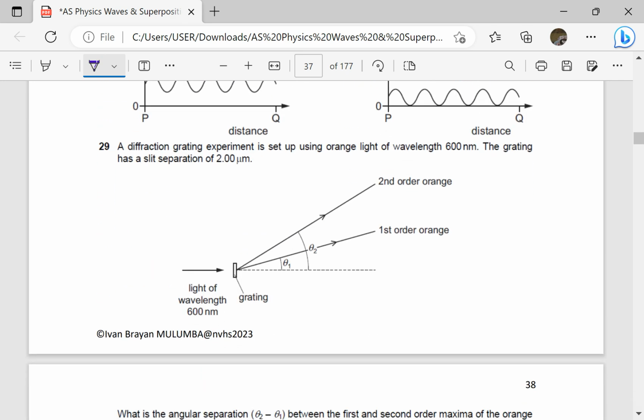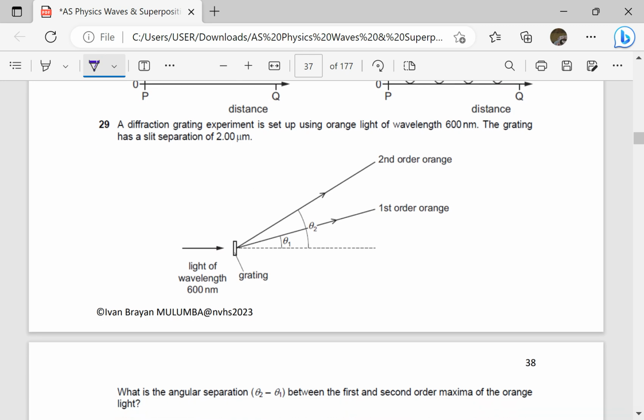A diffraction grating experiment is set up using orange light of wavelength 600 nanometers. The grating has a slit separation of 2 times 10 power negative 6 meters, that is 2 micrometers, as shown here.